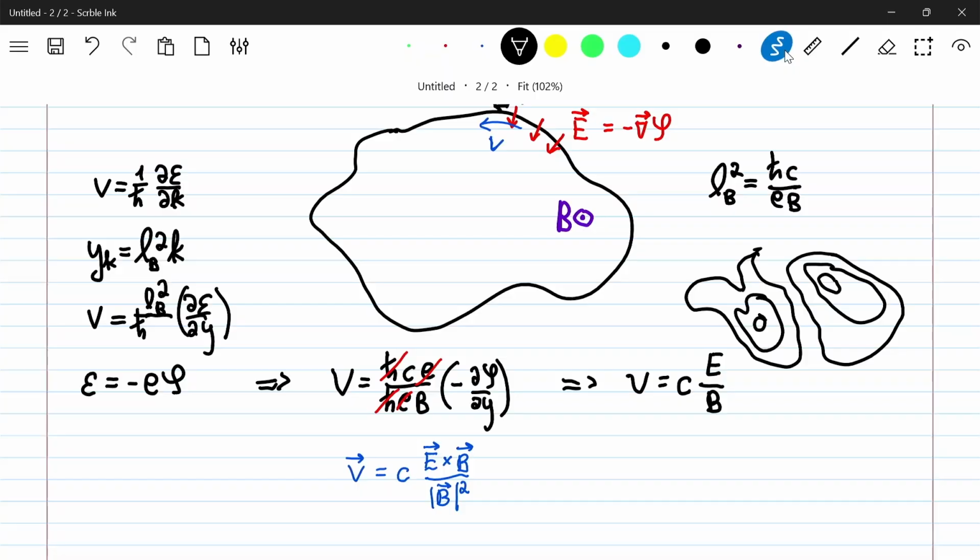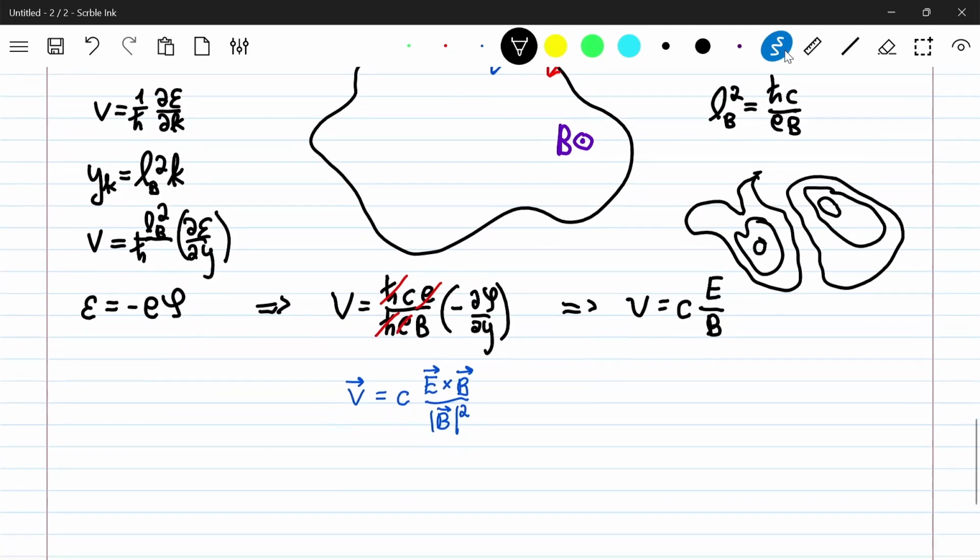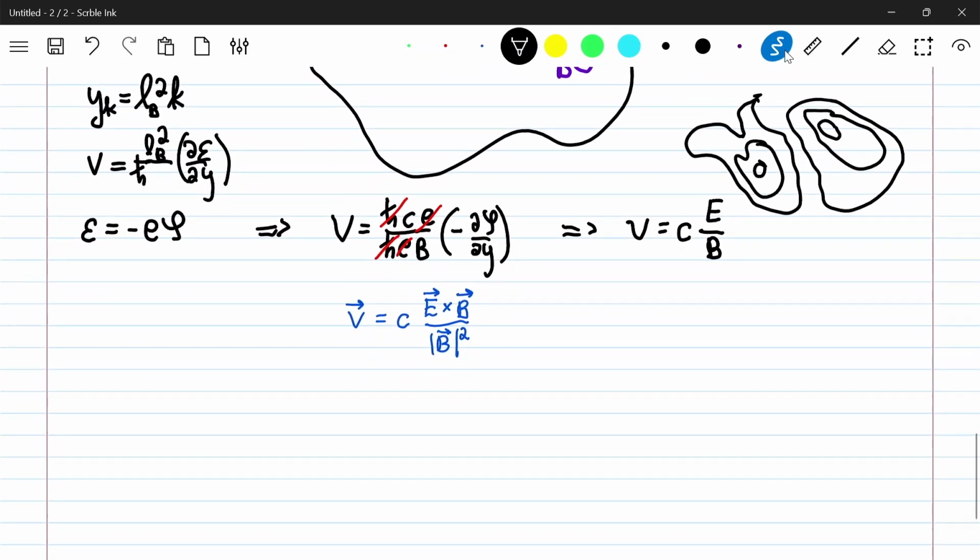Let me go on. What I'm hinting at here is that I can write a theory that describes the integer quantum Hall effect just from the edge dynamics, because most of the electrons don't participate in transport. You can get all the phenomenology just from the edge states.